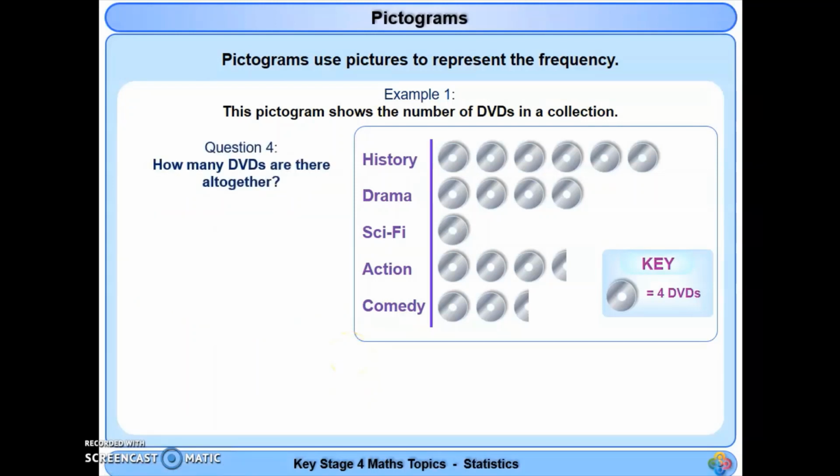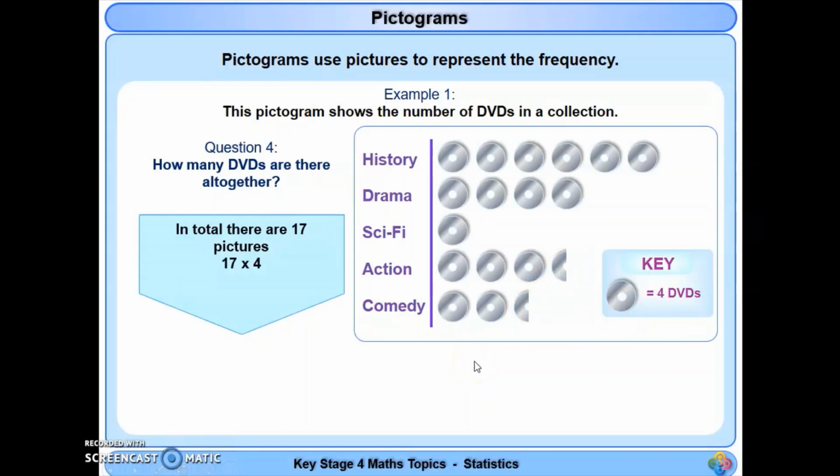Question 4, how many DVDs altogether? There's a couple of ways to approach this. We could work out individually the frequency of each genre and then add them together, or we could add up all the discs combined and multiply them by 4. Remember, if we've got a half disc here and a half disc here, we could put that together to give us one full disc representing 4 DVDs.